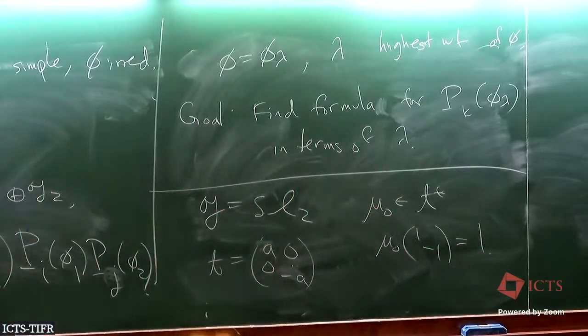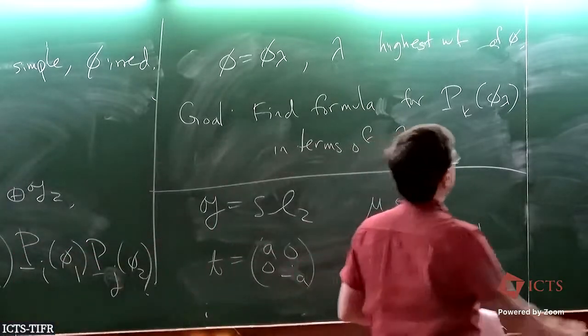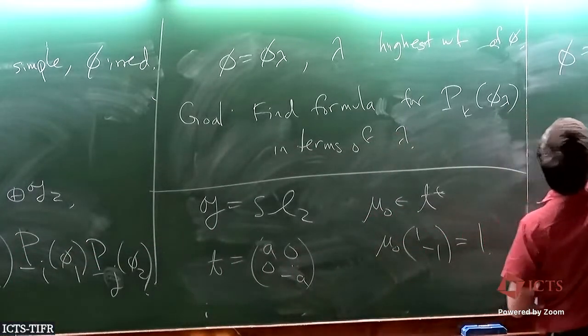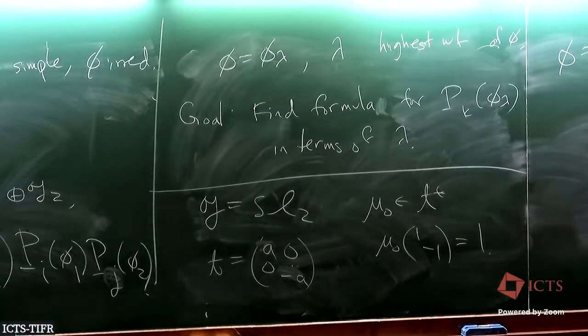I can normalize something there. And I'll take phi to be phi_L, the irreducible representation of degree L plus 1.